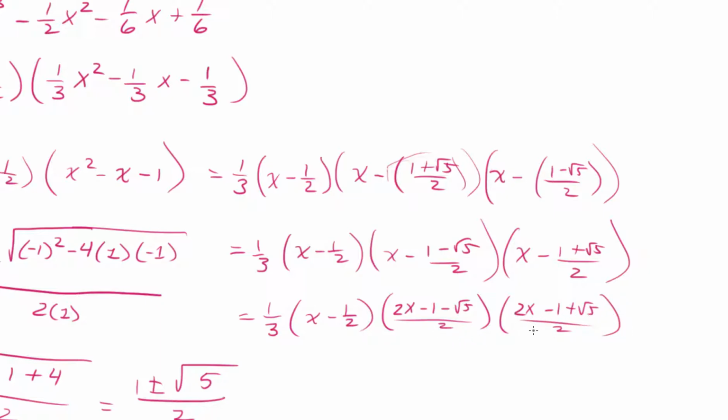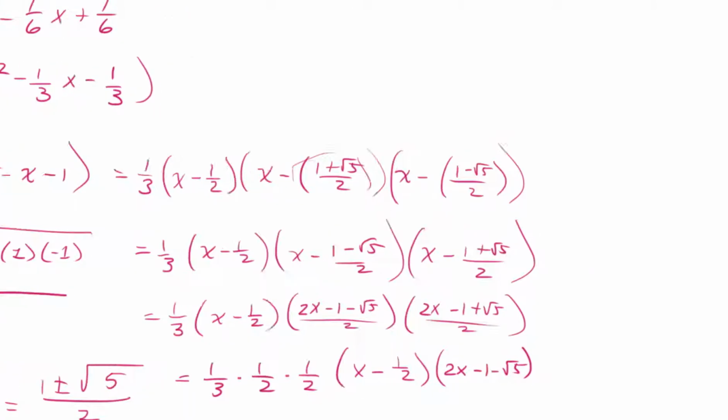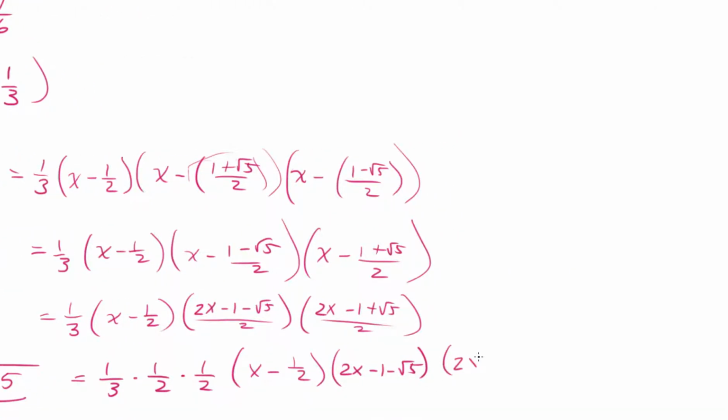Okay? Notice that the 1/2 can be pulled in front. So 1/3 times 1/2 times 1/2 times x minus 1/2 times 2x minus 1 minus radical 5, 2x minus 1 plus radical 5. Let me fix that. I don't like it.